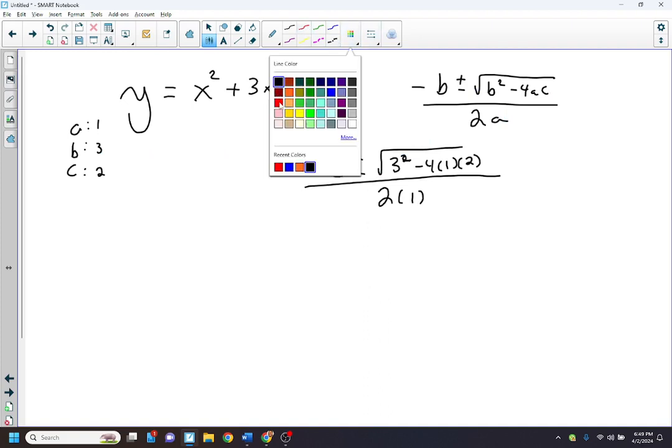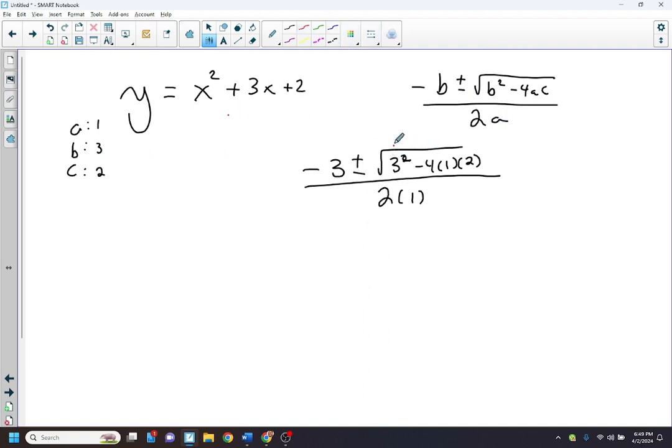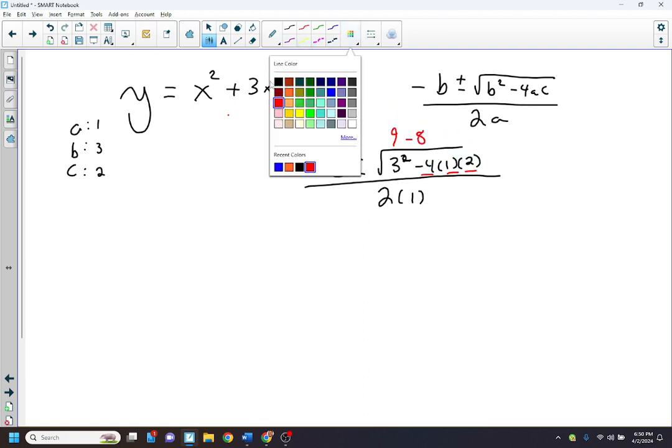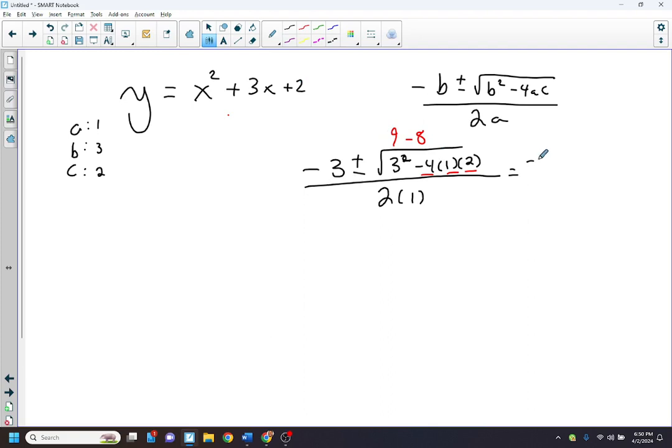If I were to do it in my calculator, I would do 3 squared first, which is 9, and I would do negative 4 times 1 times 2. That should leave you with negative 8. So it's going to be 9 minus 8, which is 1, so negative 3 plus or minus the square root of 1, over 2. 2 times 1 is 2.